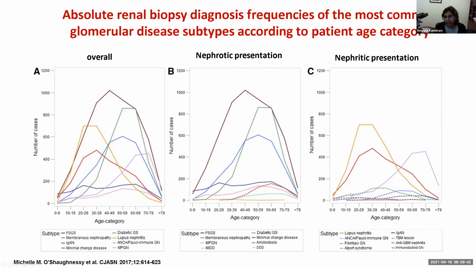That would be the dotted green line here, a nephritic presentation indicating that there is a lot of hematuria and renal insufficiency associated with hematuria, or blood in the urine. So diabetic glomerulosclerosis, clearly there is ample evidence that it has been increasing in frequency.